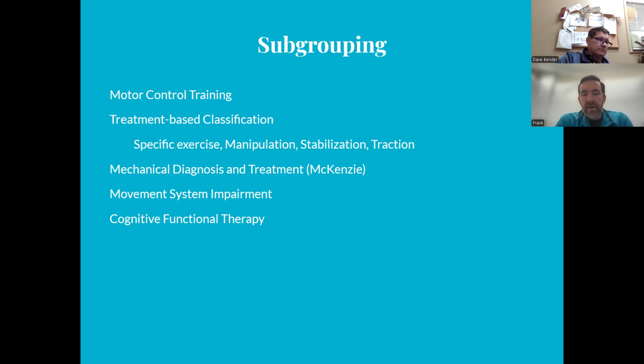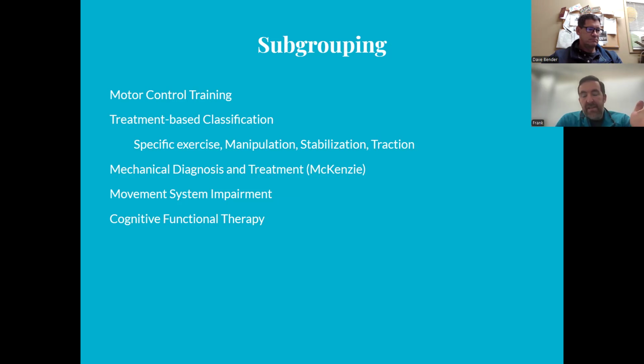So you think about subgrouping, this is kind of a hodgepodge of a bunch of different things. And this is where we talk about having a lot of tools in the toolbox and not following one specific brand is good. So the different types of subgrouping are people that would improve with motor control training, the whole treatment-based classification that breaks people into either specific exercise, manipulation, stabilization, or traction subgroups, the McKenzie method of mechanical diagnosis and treatment, the movement system impairment from Shirley Sahrmann, and then cognitive functional therapy.